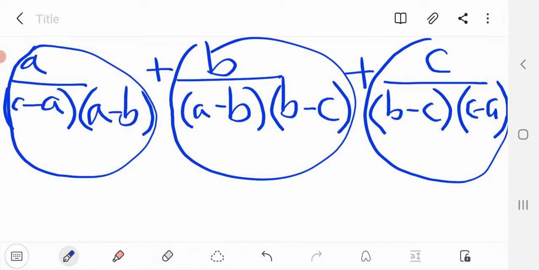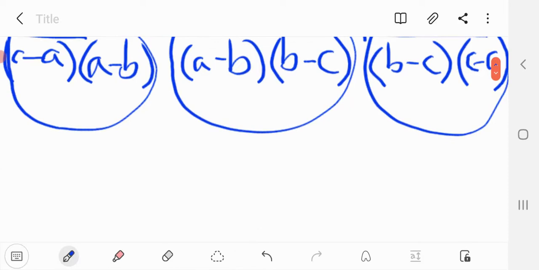So now we can easily have the LCM of all the denominators. We have to choose the common and non-common factors.